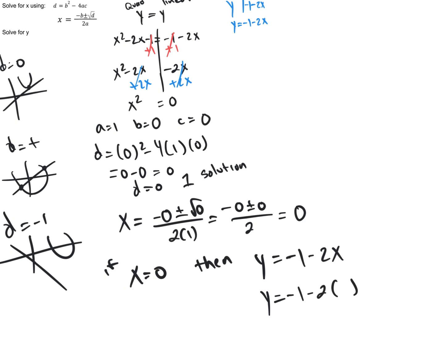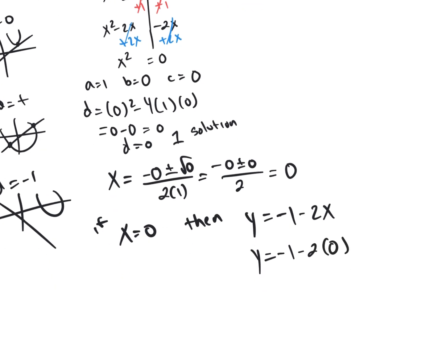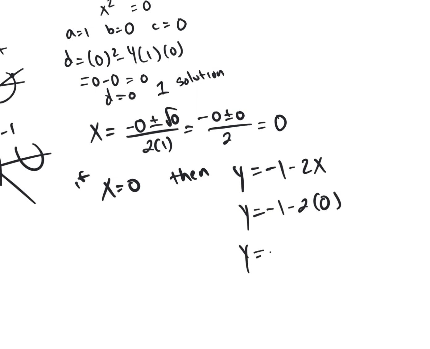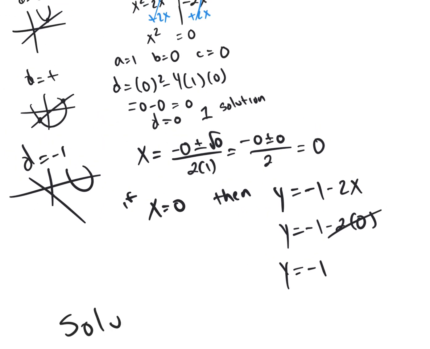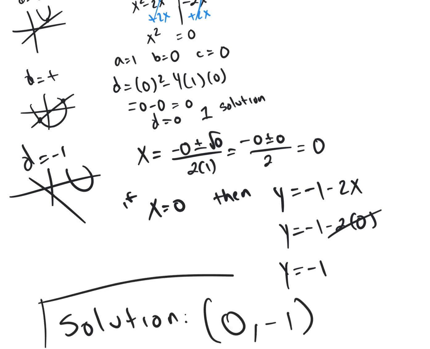X value was 0. And then I can finish solving from there. It's -1. 2 times 0 is 0, so it's gone. So that means my solution, the point where the two lines are going to cross, is (0, -1). Out of that work for that simple thing.